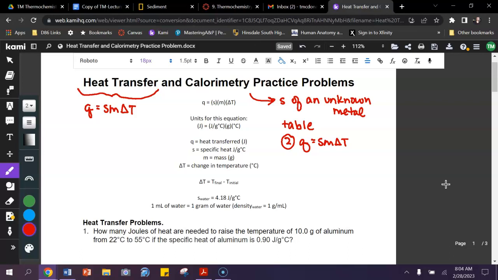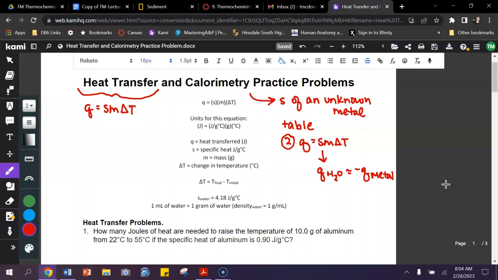And when you're doing these, the thing that you have to remember is that negative Q of the water, Q of the water, my mistake there, is equal to negative Q of the metal. But we'll get to that in a little bit.